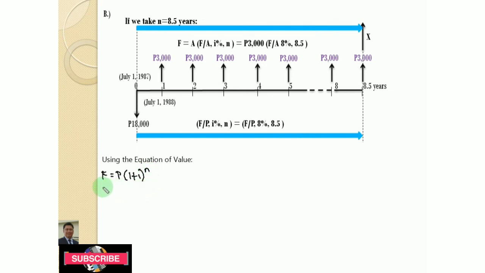So F is equal to the given P of 18,000 times (1 plus our i of 0.08) raised to the n of 8.5, where our 8% is our i.